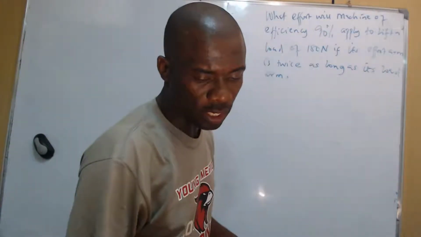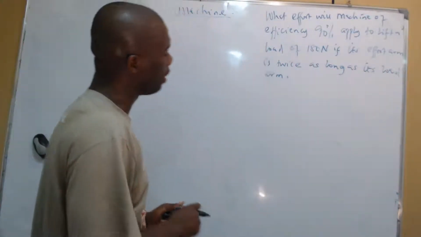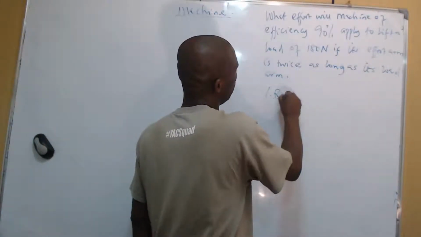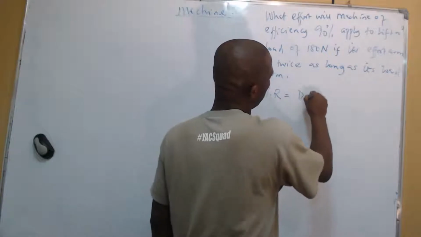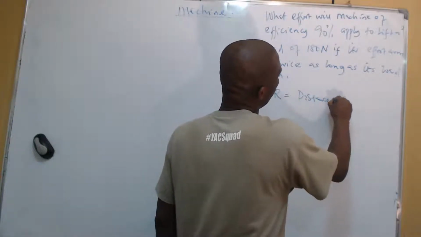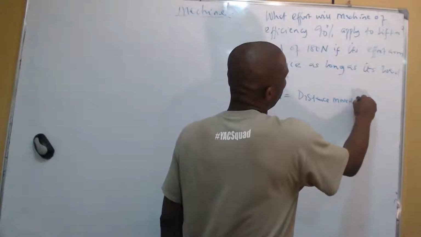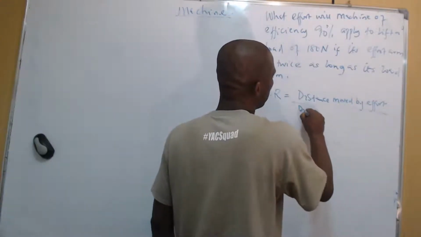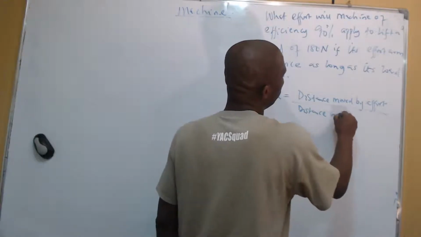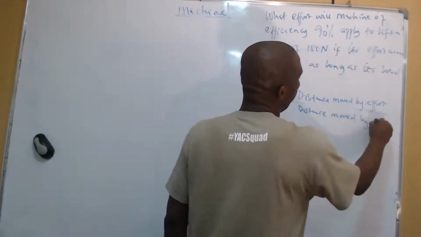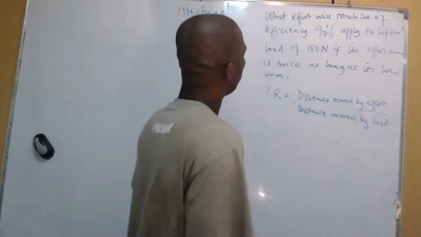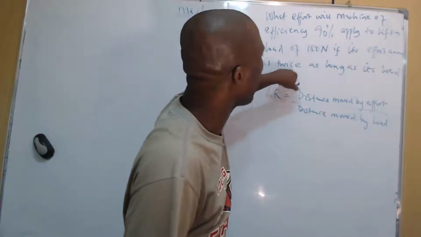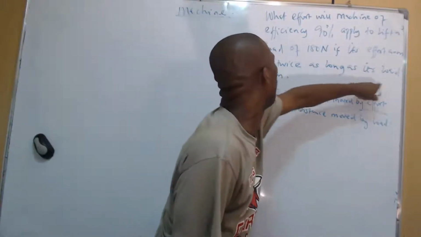We have been given efficiency, and then we have been given velocity ratio is equal to distance moved by effort over distance moved by load. Now, from here, we are told that effort arm is twice as long as this load arm.